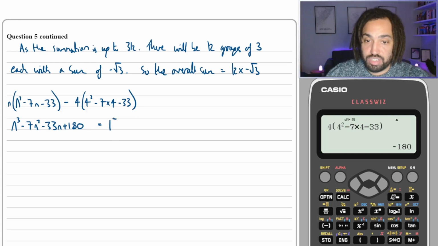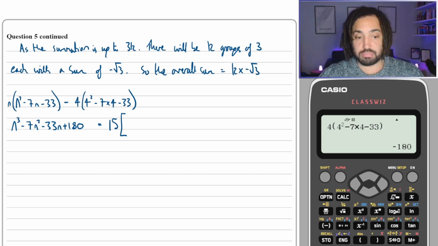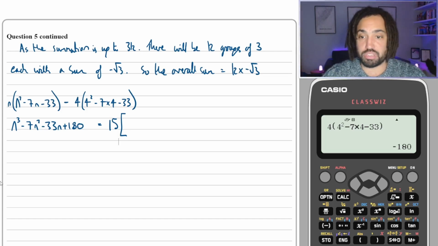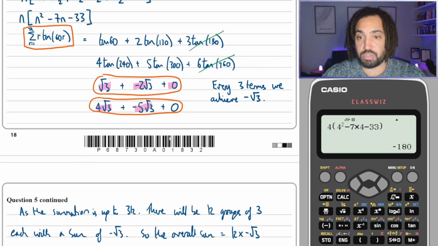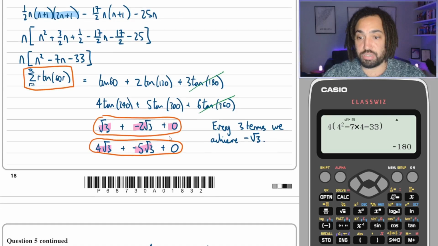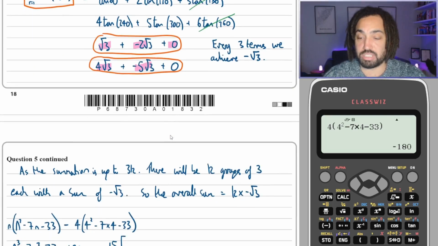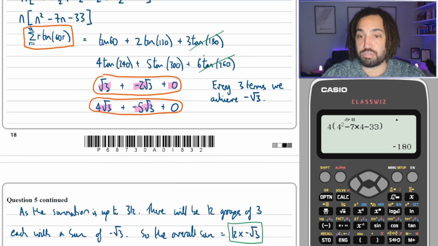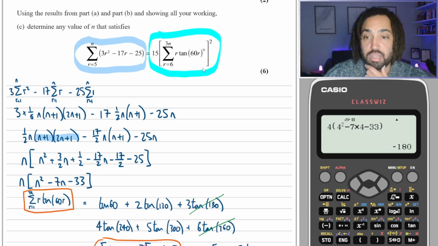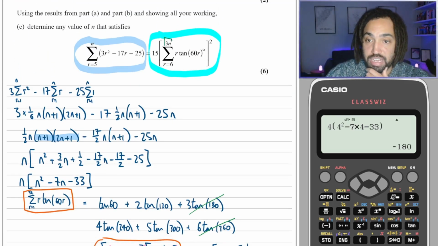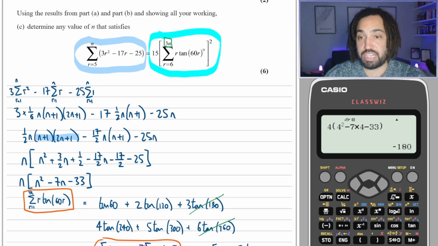Okay, so it's 15 lots of the summation, which we know what the summation is because we worked it out. It sums to k times minus root 3. And in this case we're going to 3n. So rather than k we're using n.